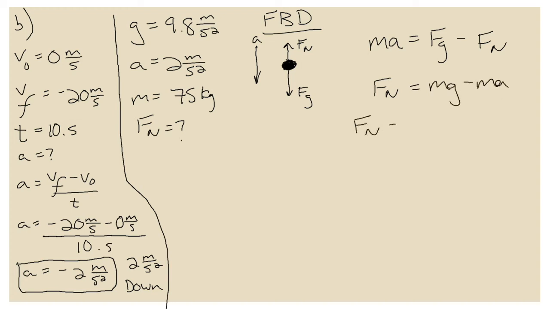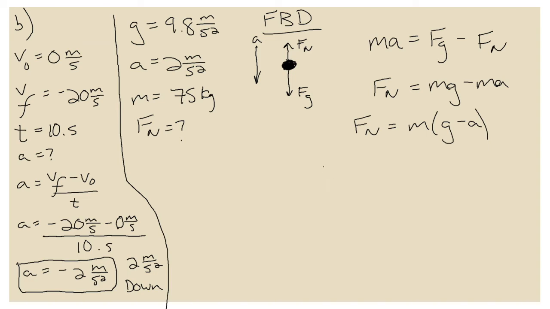And so when I do that, I get Fn equals m times g minus a. Notice here, remember, I said we are not going to use the sign because the fact that the acceleration is negative is already taken care of by this negative sign. And so I'm just going to plug in the magnitude of 2.